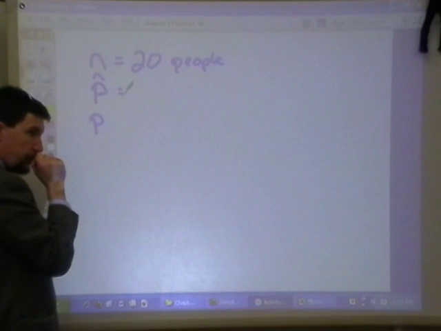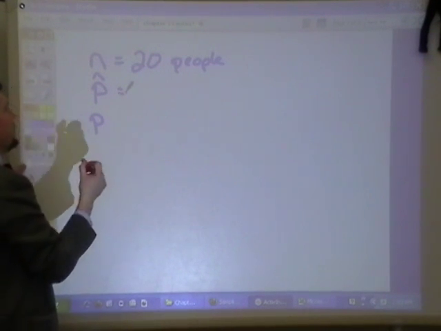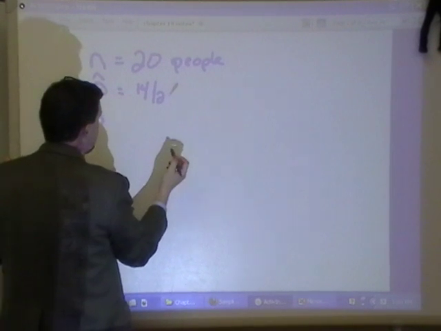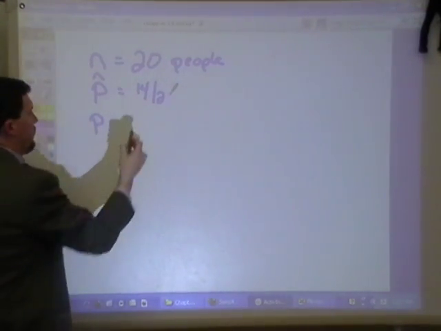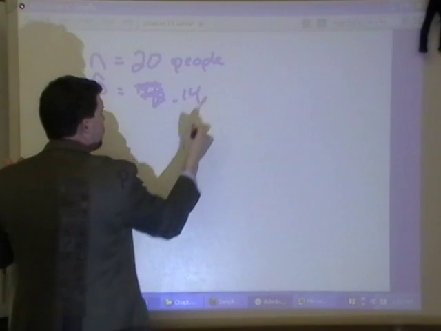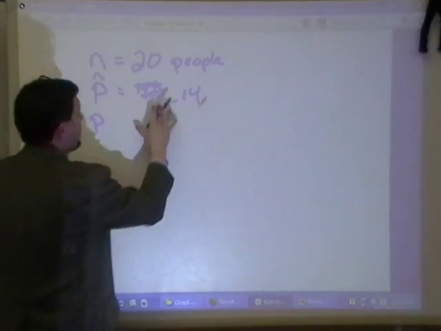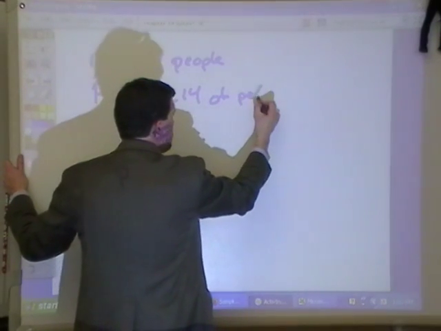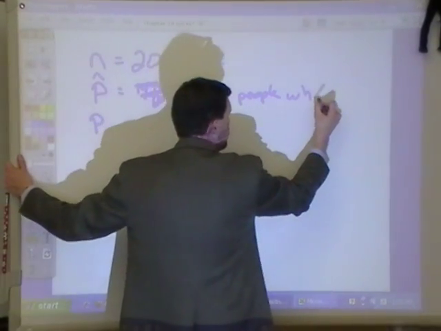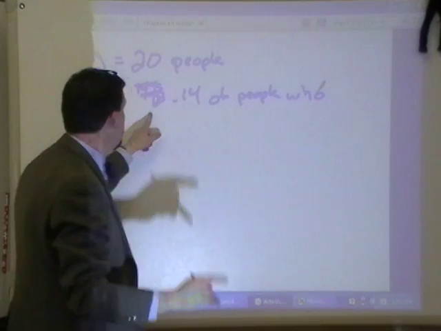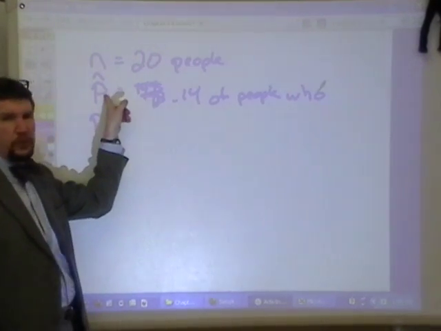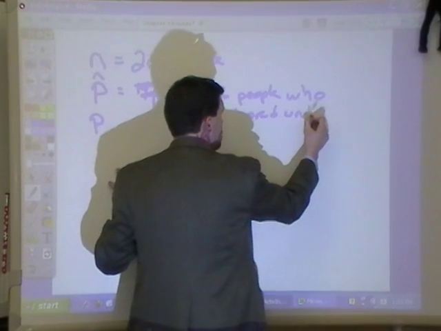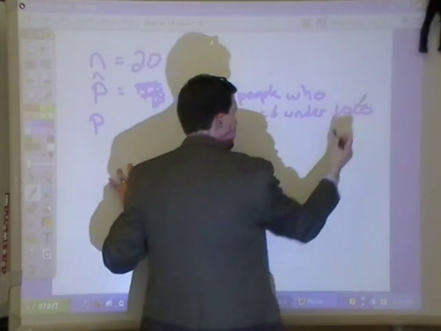Okay? P hat. What is p hat? P hat is the 0.14, which isn't going to work out well, but anyhow, it's the 0.14 of people who, and then talk about what it is, because you understand what this is. P hat is the people who scored under 1,000.